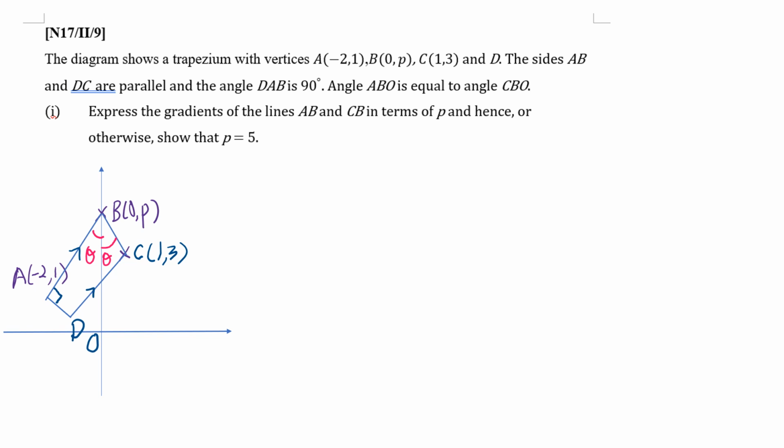So in this case here, you're given that AB is parallel to DC, and the angle DAB is 90 degrees. You're also given the angle ABO is equals to angle CBO. So on the diagram, I've let the angle ABO be theta, and therefore the angle CBO is also theta. So we are asked to find the gradients of AB and CB in terms of P.